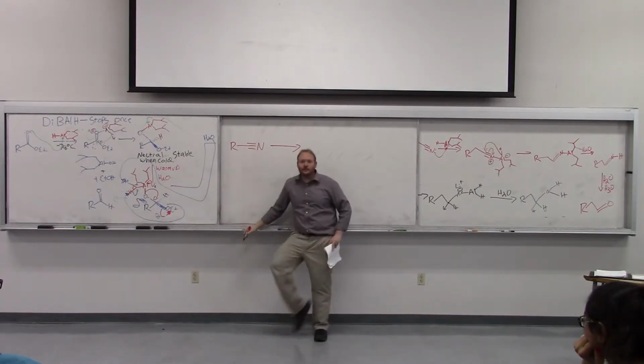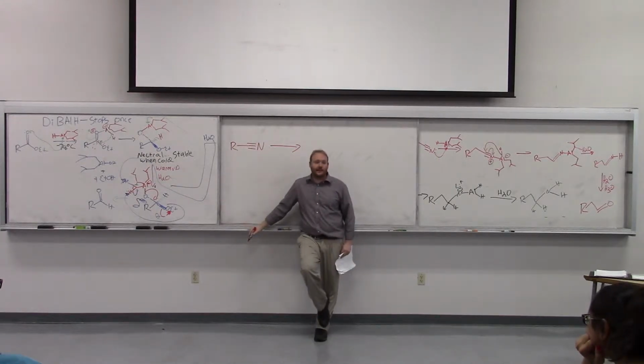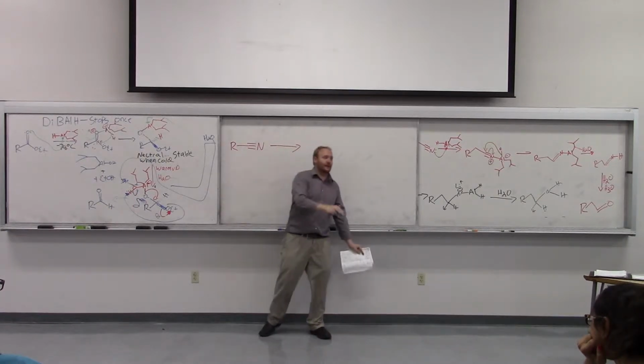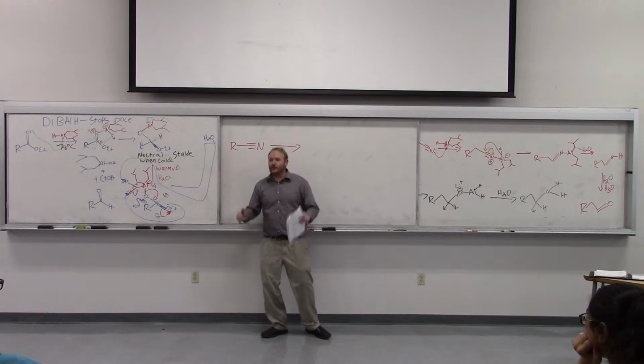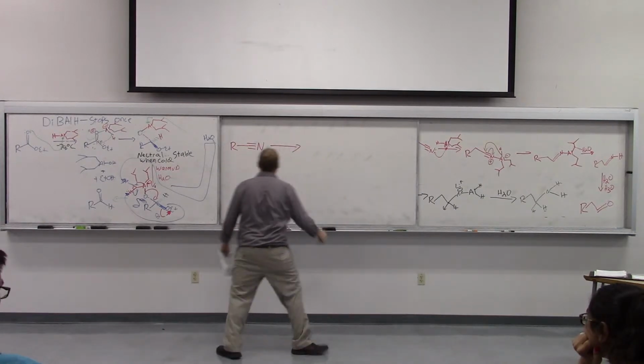Someone throw in an organometallic reagent, like a Grignard or lithium reagent. Anyone will do. Butyllithium? I hear butyllithium and phenylmagnesium bromide. I'm going to go with butyllithium because it's easier to draw.